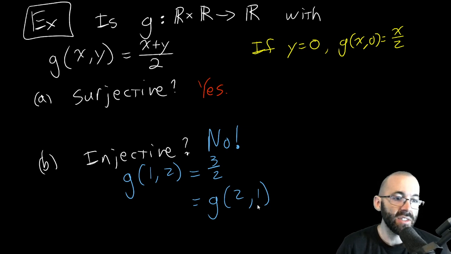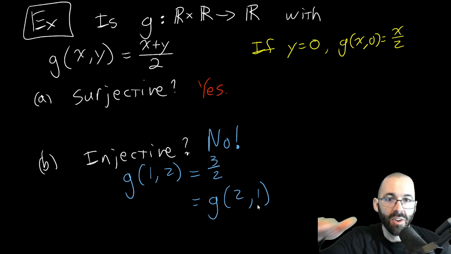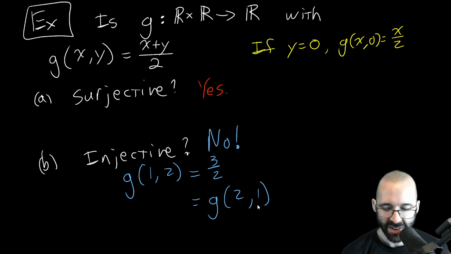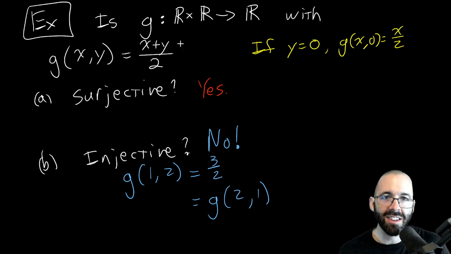If we wanted it to be injective, it would only be able to intersect that horizontal plane once. All right. Injectivity is a much more interesting requirement for functions like this with 2 inputs. Anyway, that's it for this video. Let me know if you have any questions, and good luck.